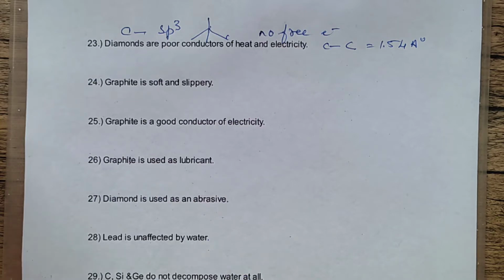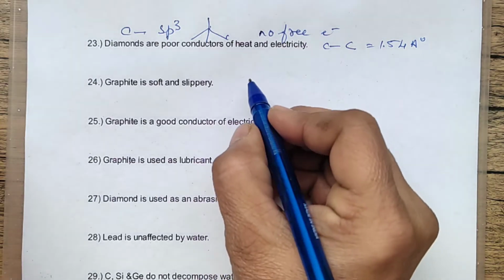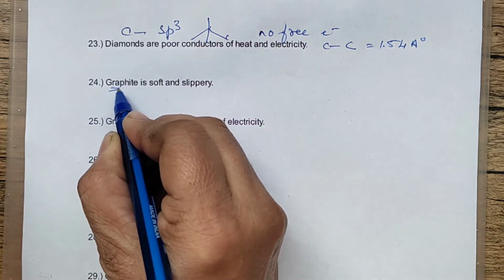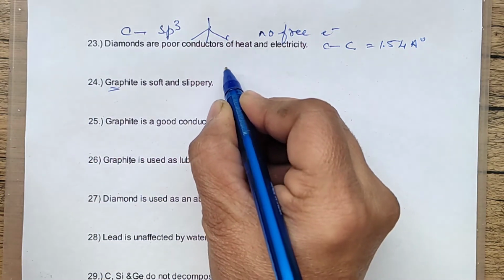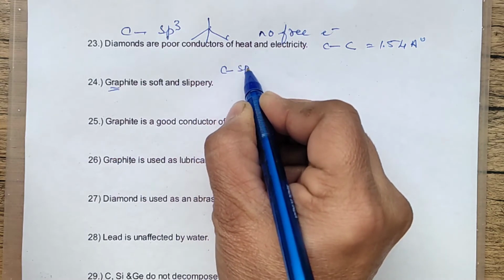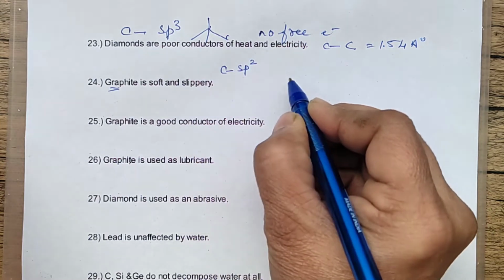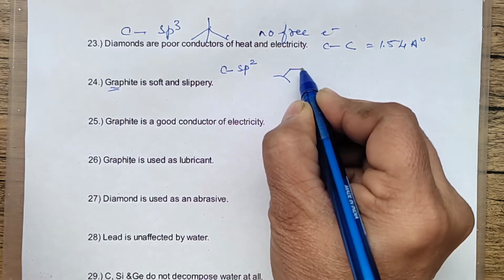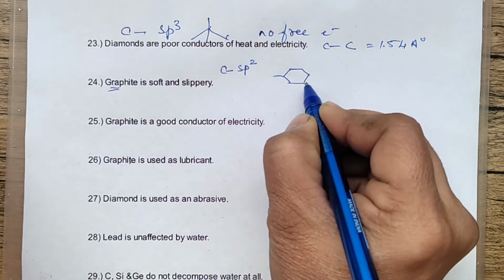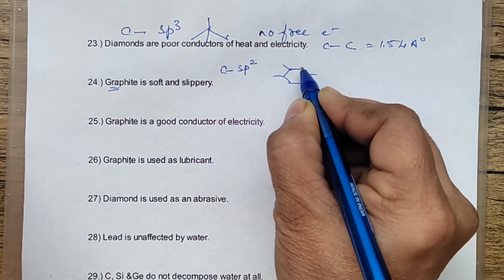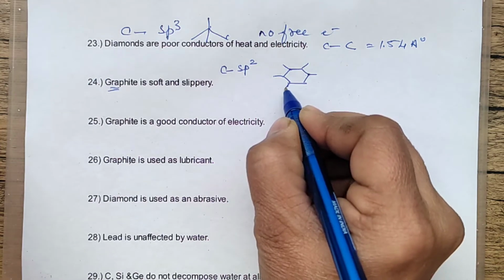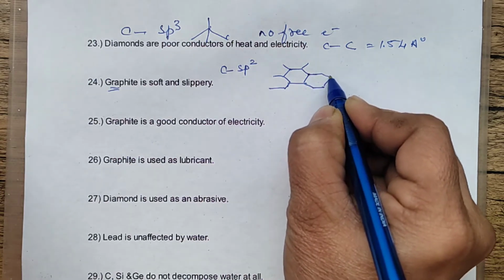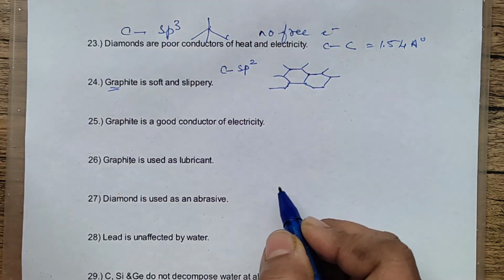For this, you should have a little idea about the structure of graphite. In graphite, carbon has sp2 hybridization, which means a trigonal planar structure. Each carbon atom will be trigonal planar and it will have a number of hexagonal rings in each plane.